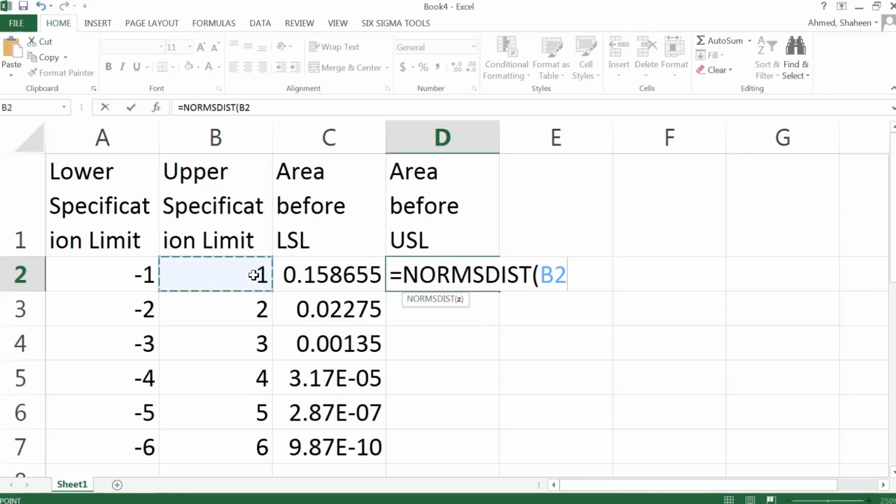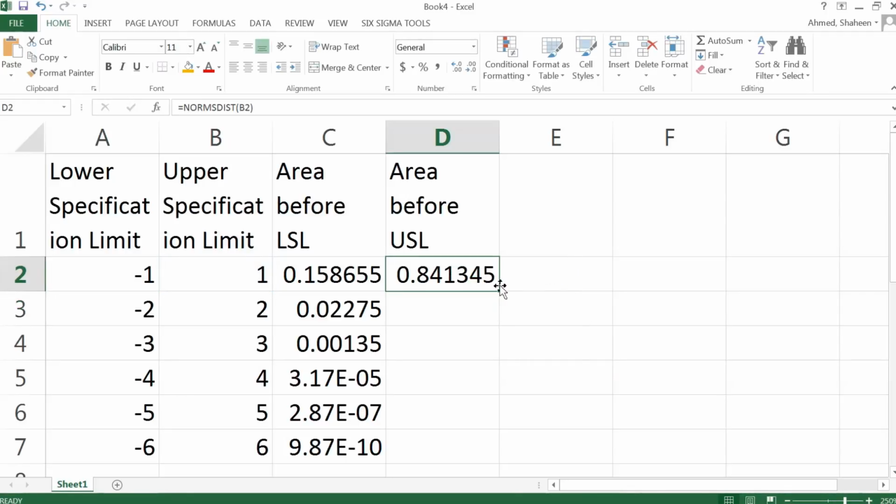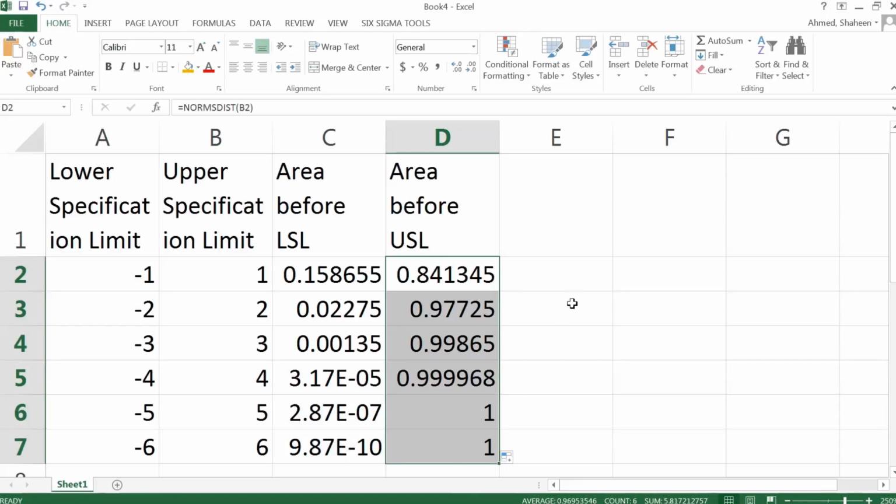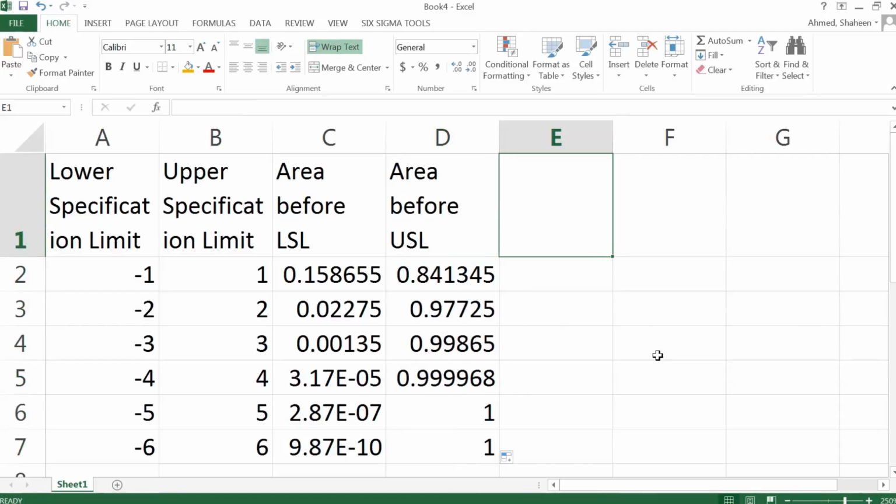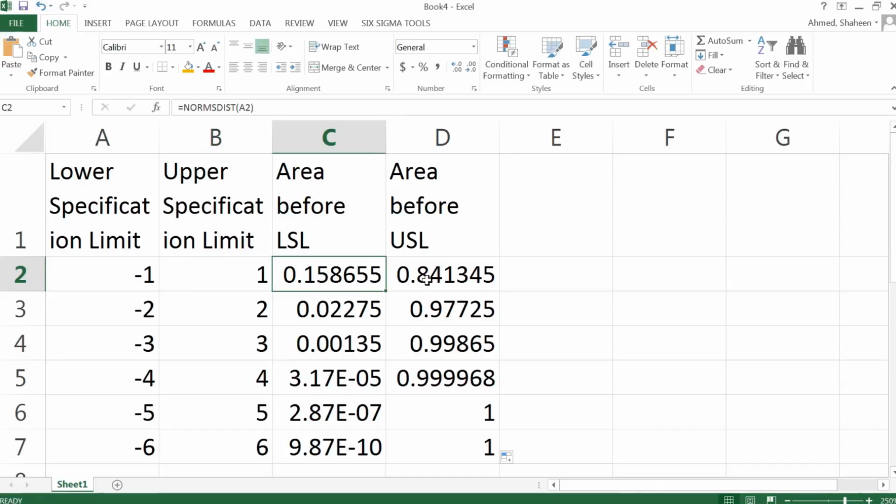This will calculate all the way from the left side up to 1, and then copy that all the way down. Then we are interested in between -1 and +1. So if we subtract this value from this, then we can get the area.